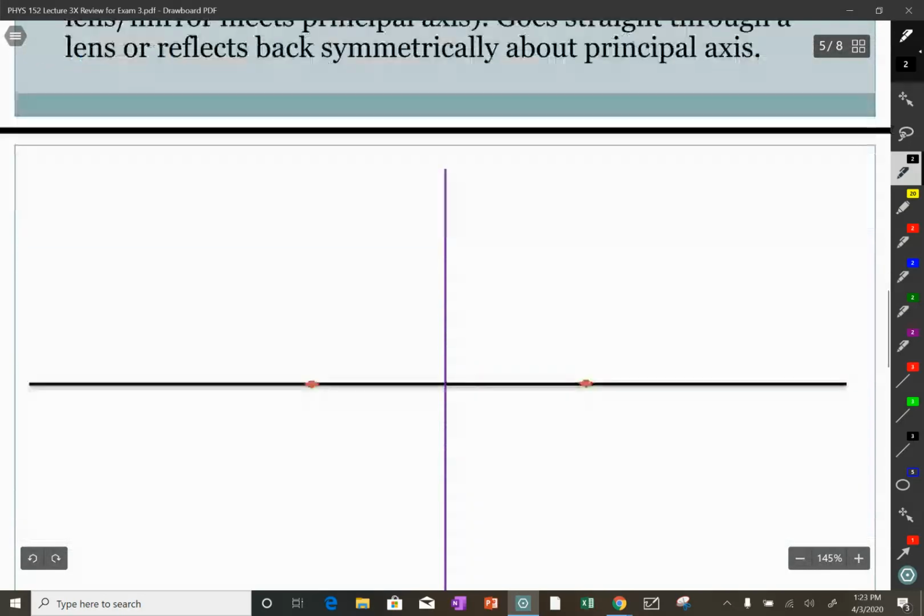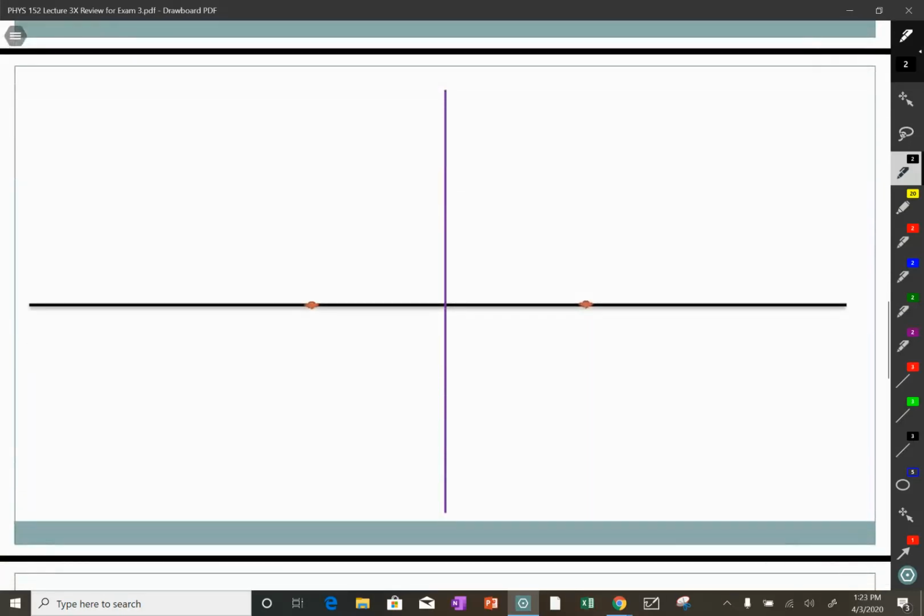So here I will do an example. So I've already drawn on here, to save me some time, the principal axis. And the lens or mirror should have the principal axis at right angles to it, and it's going through the center.